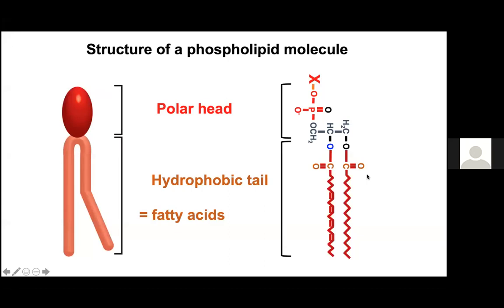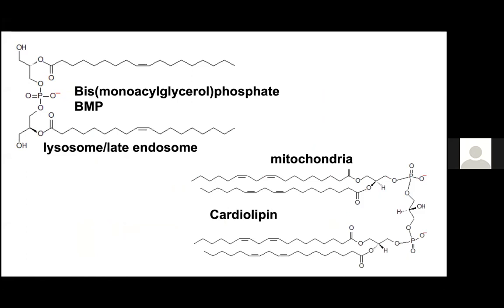I have to mention here that there are some glycerophospholipids that cannot be described by this formula. These are, for example, bis(monoacylglycero)phosphate, BMP, or lysophosphatidic acid, and cardiolipin.